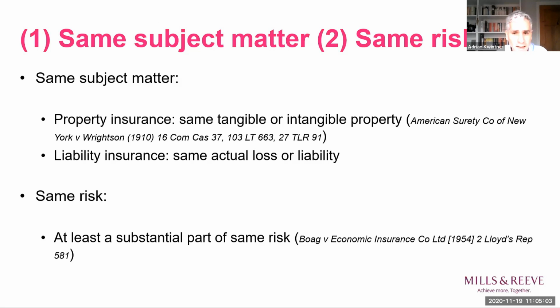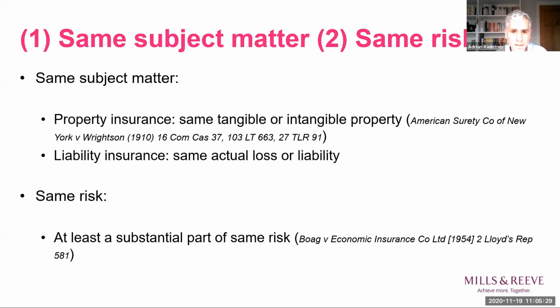In the 1910 case, American Surety and Wrightson, a bank employee misappropriated some money. The loss was paid by American insurers who covered employee dishonesty. They claimed a contribution from a Lloyd's underwriter who covered the same loss, but also embezzlement by others, fire, theft, and robbery.